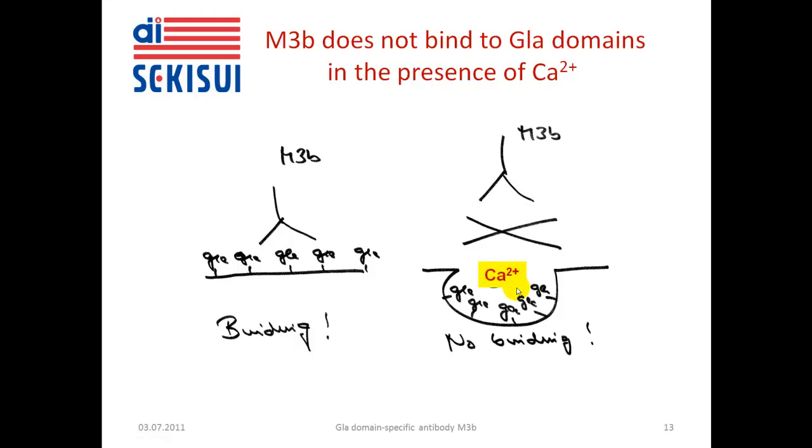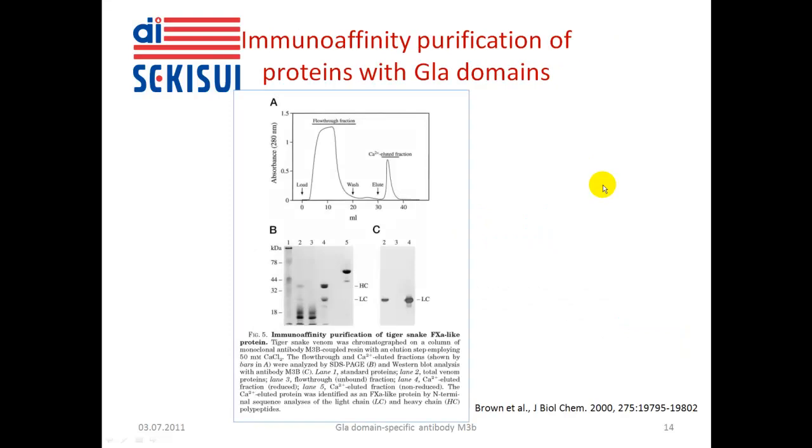In the presence of calcium, folding, M3b does not react. No binding in the presence of calcium. And this behavior, of course, can be used for immunoaffinity purification of proteins with Gla-domains from complex mixtures.